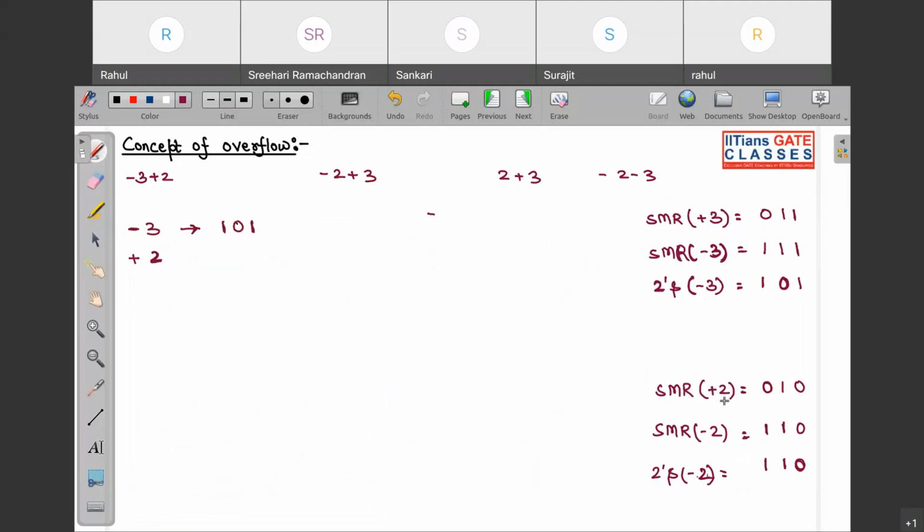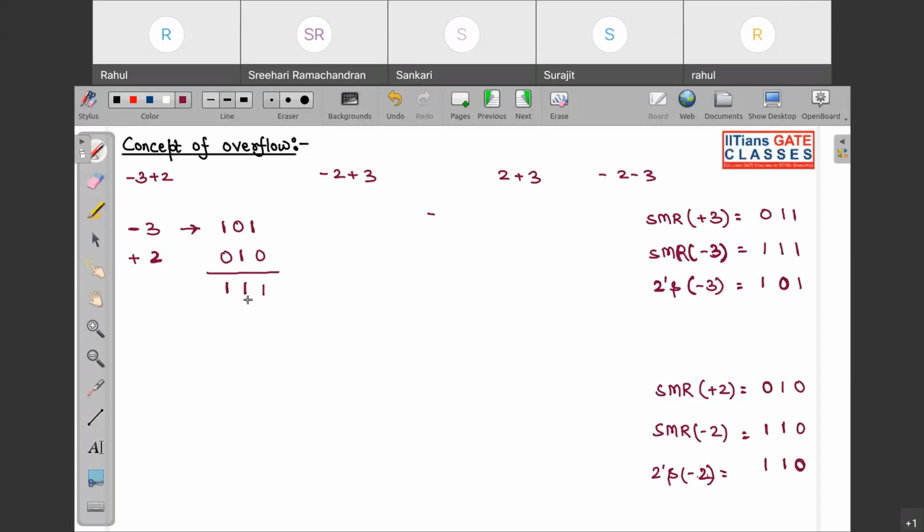And plus 2 is what? It is same as your 2's complement, means sign magnitude representation will be same as your 2's complement. So that will be 0, 1, 0. So solve this. This will be 1, 1, 1. No carry generated.